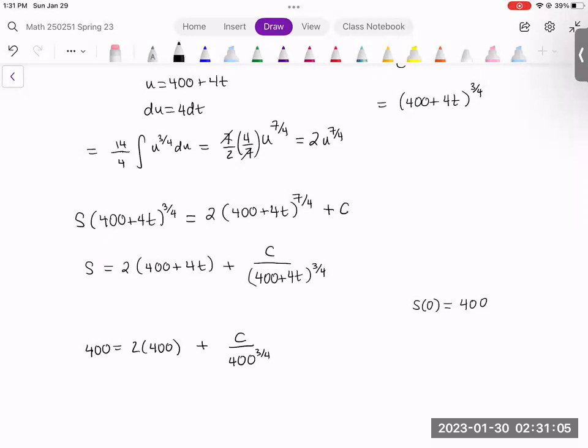And then subtracting across, we get negative 400 equals c over 400 to the 3/4. Okay. All right, now we can solve for c. And this gives us negative 400 to the 7/4.